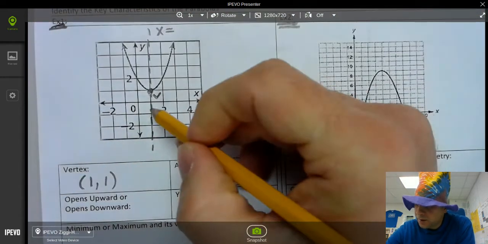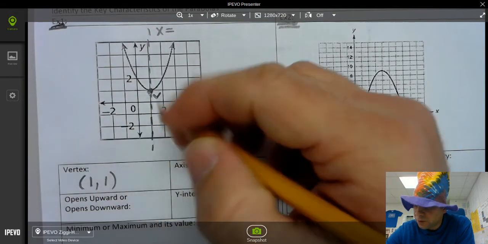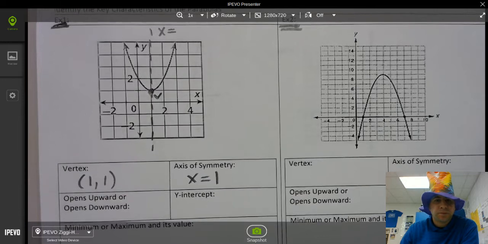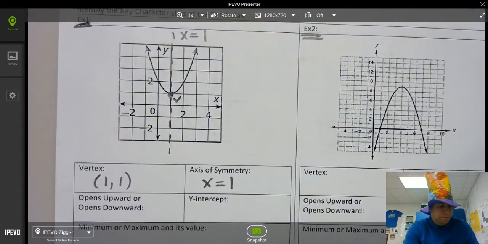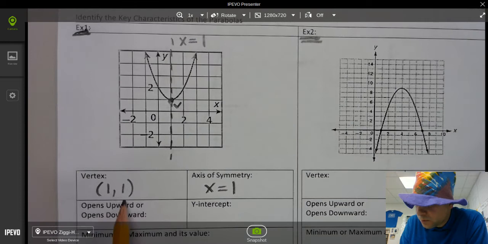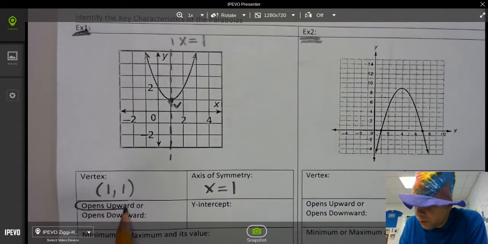So in this case, the h value is 1, so x equals 1. It opens upwards, and you can just circle that it opens upwards.